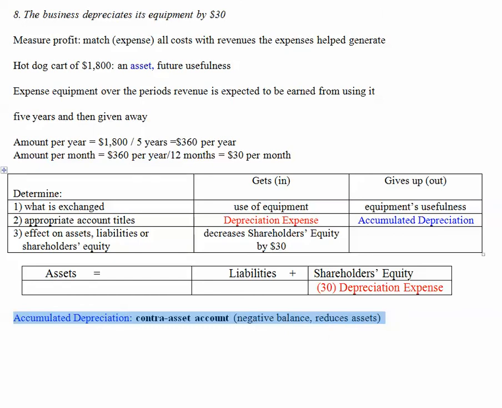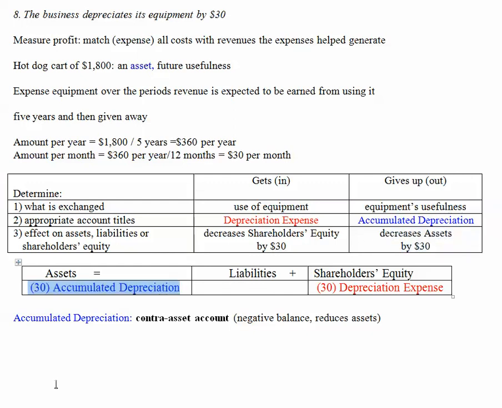So when we record this depreciation, the effect is it's going to decrease our equipment by 30, but we're not going to decrease the equipment account directly. We're going to use this account called accumulated depreciation, and like I said, that's a contra asset, and that makes assets go down.